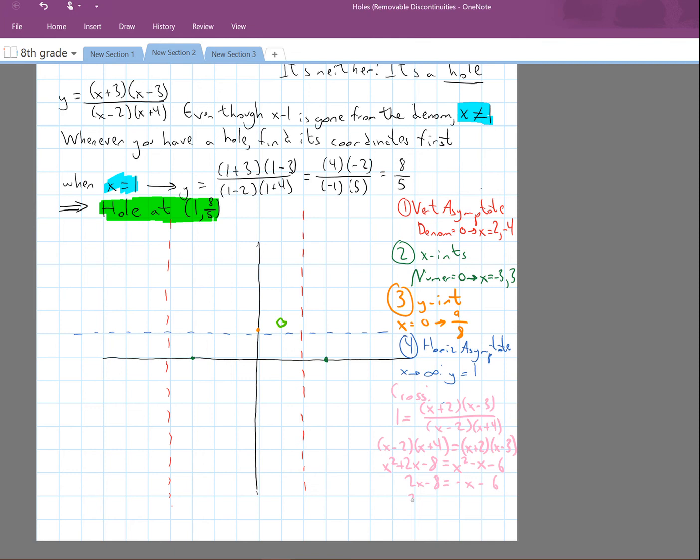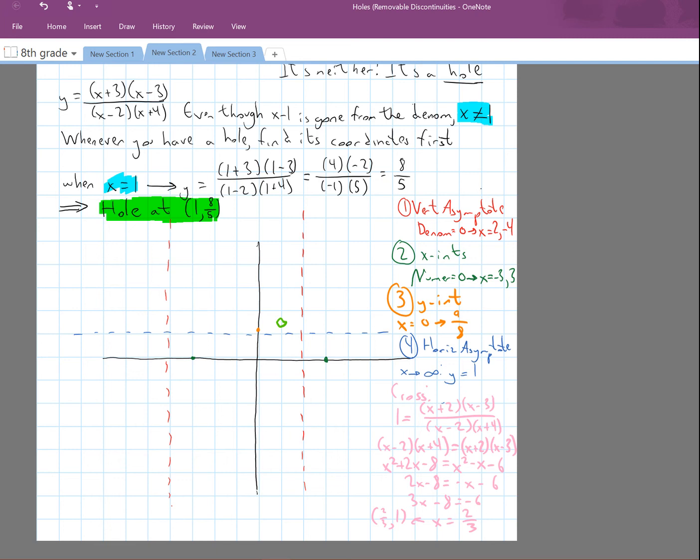Add x to each side. 3x minus 8 equals negative 6. Add 8 to each side, divide by 3. x equals 2/3. So our cross will be at the point (2/3, 1). So by finding the y value of this blue horizontal asymptote, plugging that in for y and solving for x, you could get that.